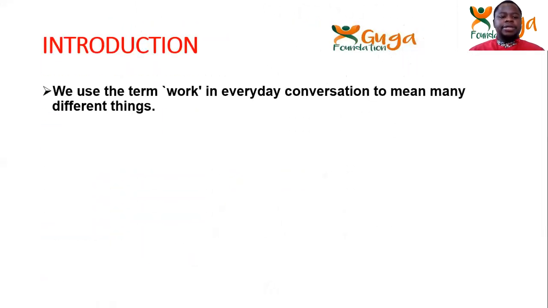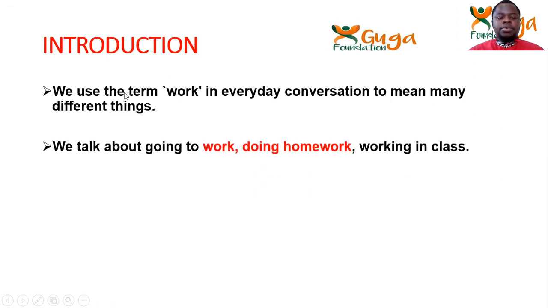Now, on the introduction, we use the term work in our everyday conversation to mean many different things. We talk about going to work, doing homework, working in class. Nowadays, some people talk about a workout, meaning a form of exercise.